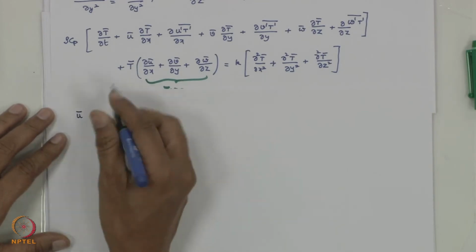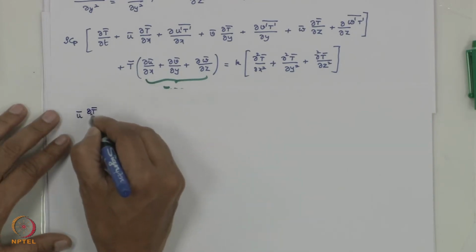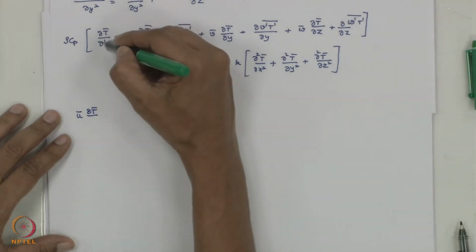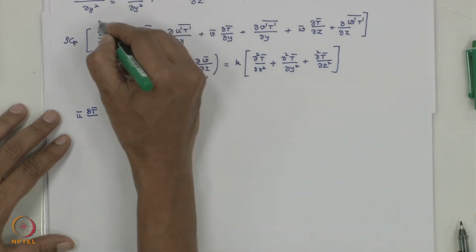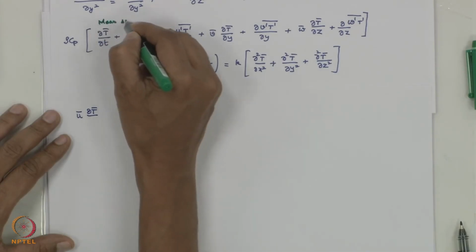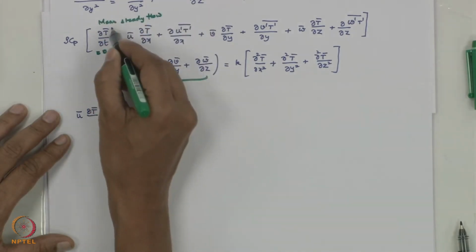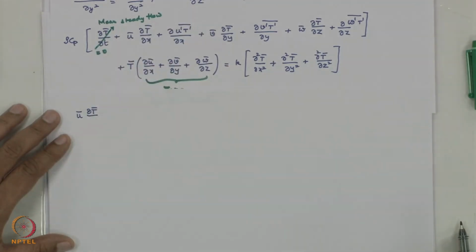Another thing I am considering is mean steady flow. So for mean steady flow, ∂T̄/∂t is 0. So I can neglect this and I will push this ρCp to the right hand side.